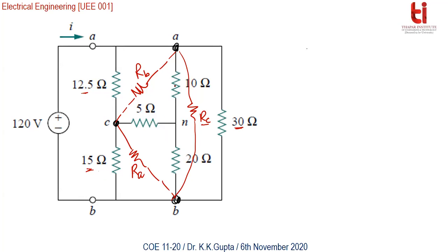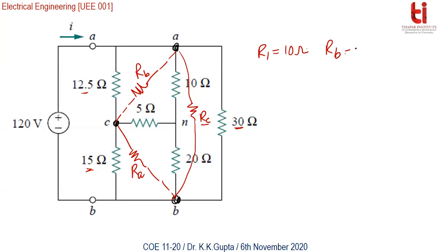So we have a star here. What should be R1? 5, 10, and 20 ohms. What resistance should be designated as R1? 10 ohms. Good, 10 ohms, right?